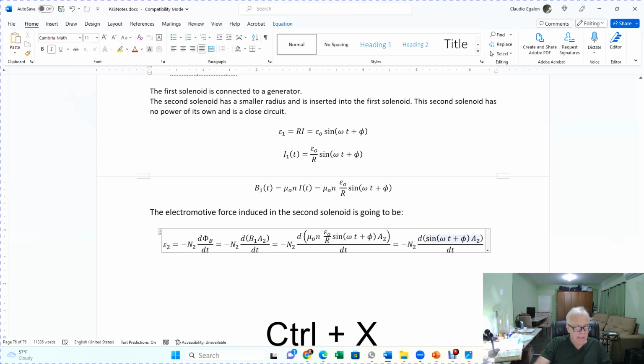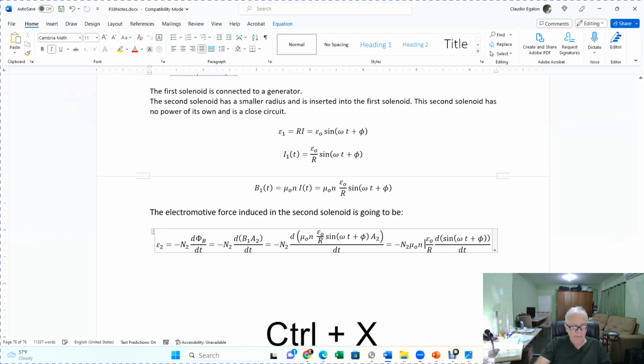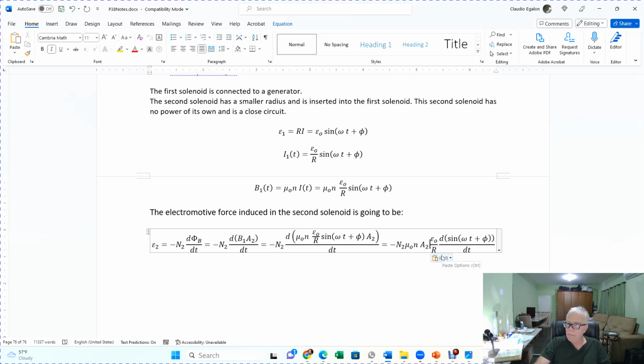So everything that's constant can be taken out of the derivative. Okay. And you can see, let's finish this equation.